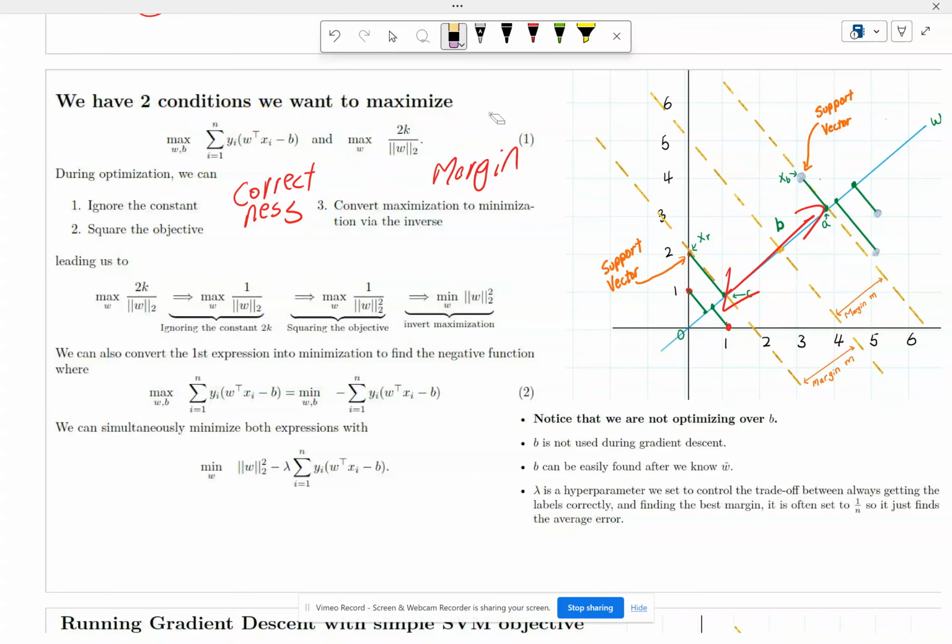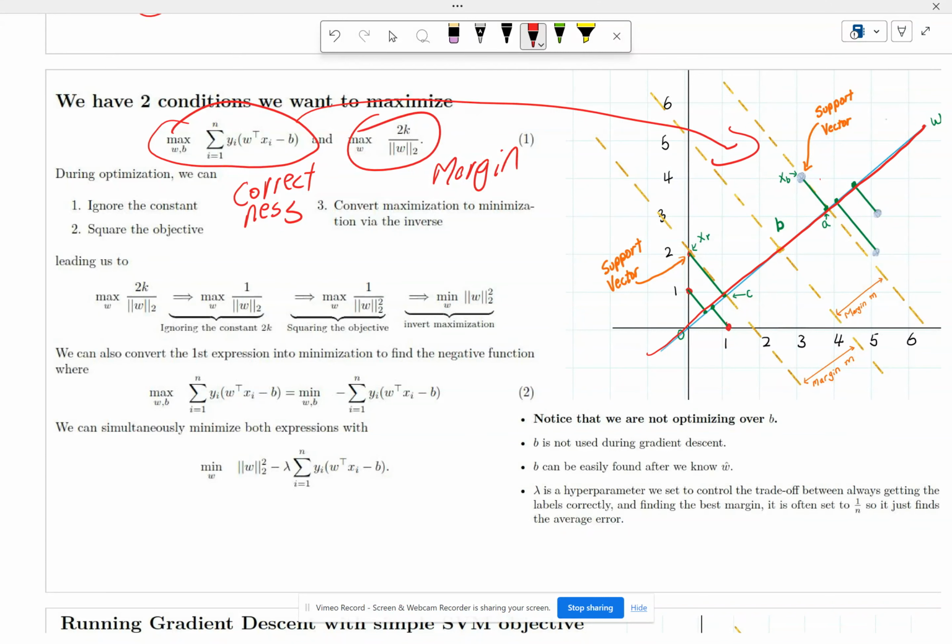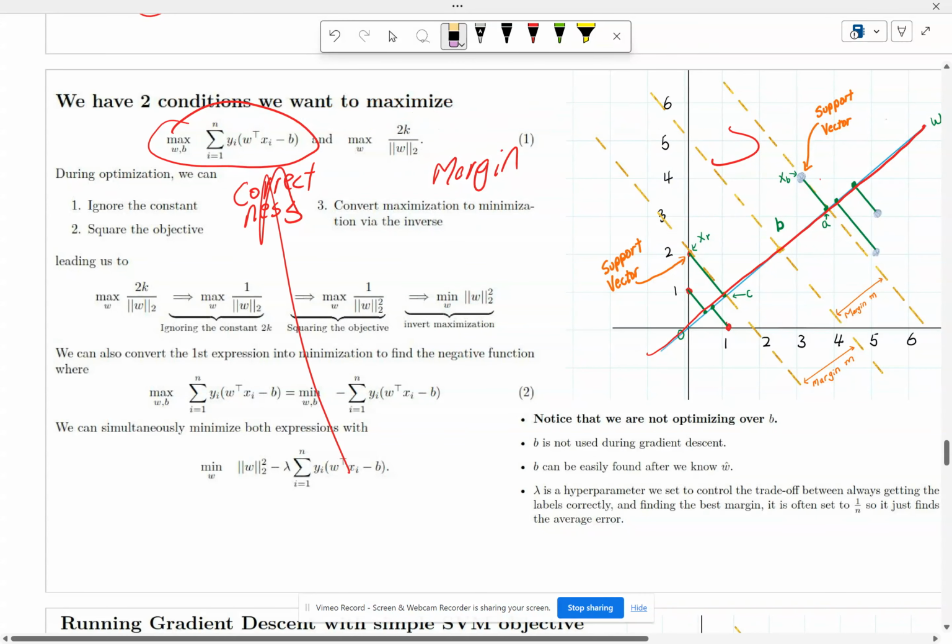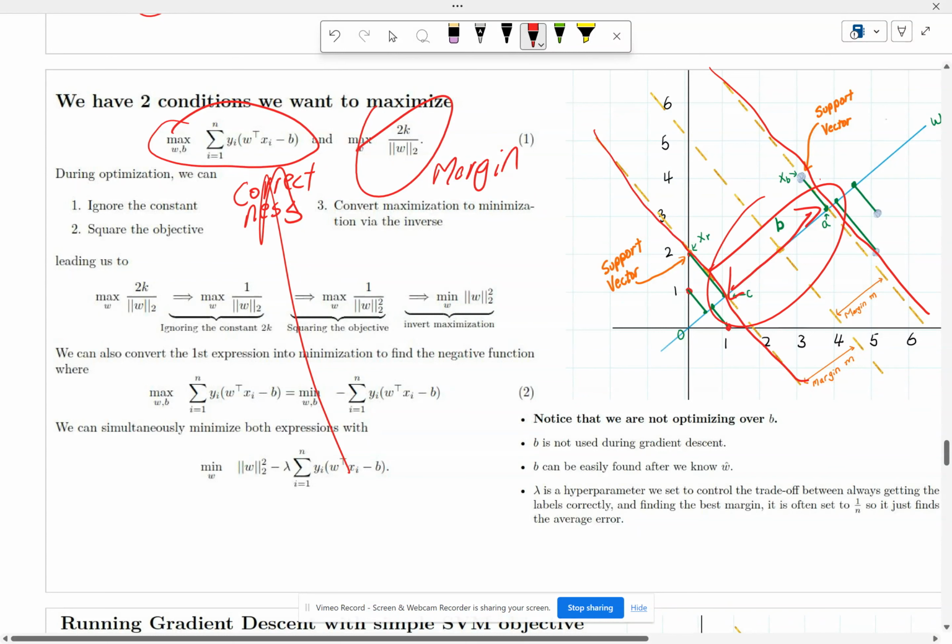Everything we've done so far is to come up with equations that describe these two criteria. The first criterion is that we want to pick a line such that after you do the projection, you get correct labels. That's what this is. For the second equation, we want to maximize it. We also want to pick a line, W, such that the margin between the two classes, with the support vectors here, is as large as possible.